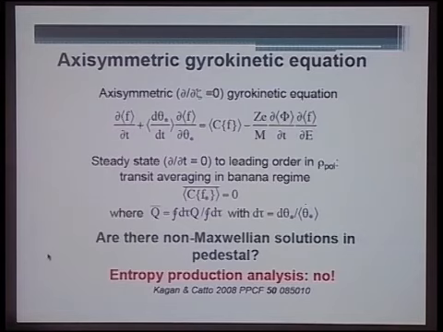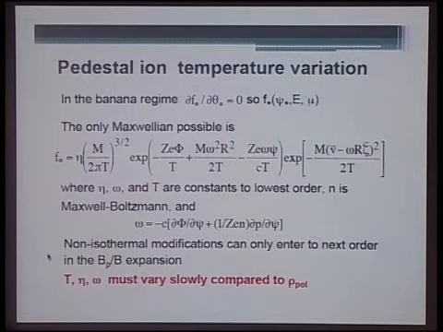So you only have energy, magnetic moment, and psi star as your variables. So you have to make a Maxwellian out of those. And the only way you can make a Maxwellian out of those is using the energy and psi star. You get a toroidally rotating Maxwellian as the most general solution, but it has to be a toroidally rotating Maxwellian that has a slowly varying ion temperature variation. I think I've got it on here.